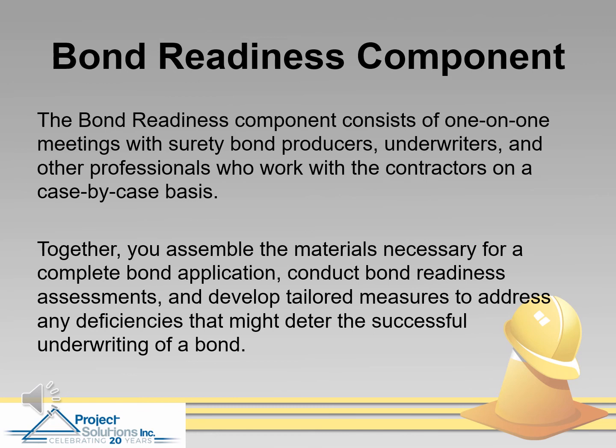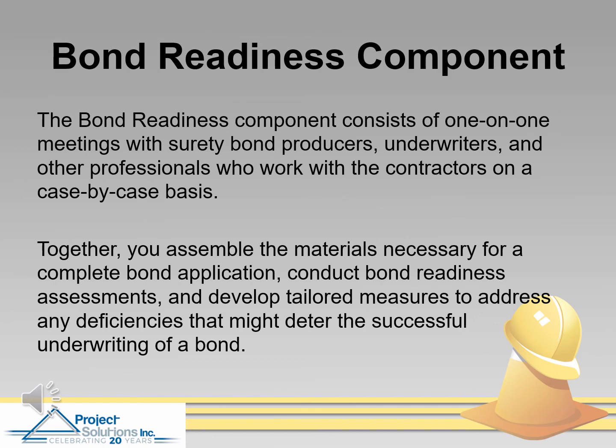The second component, the bond readiness component, consists of one-on-one meetings between the firm and surety bond producers, underwriters, and other bonding professionals who will work with the contractor on a case-by-case basis. Again, this component runs concurrently with the educational workshop component, and so these one-on-one meetings would be taking place generally before, during, or after the educational workshops.